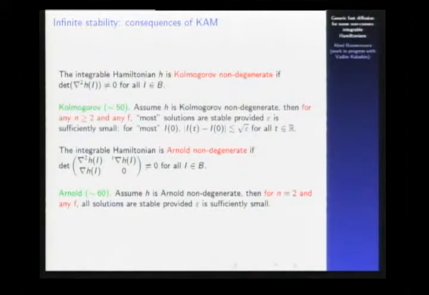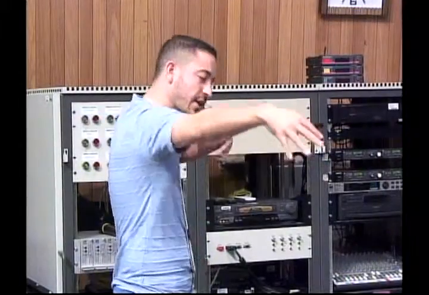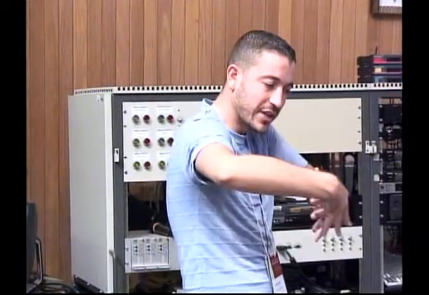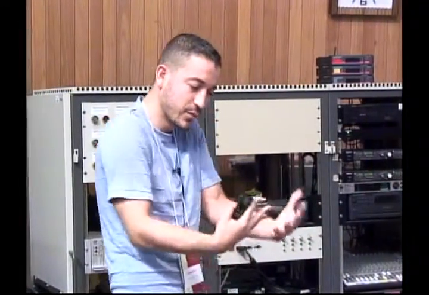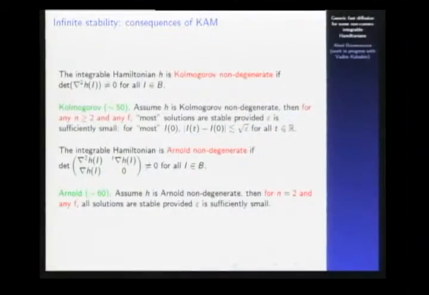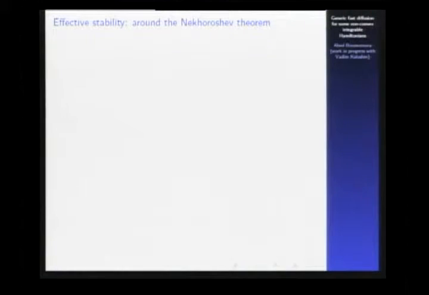Maybe not for all time, but for a very large interval of time, which means the solution can be unstable, but if it's unstable, it's after a very long time. So you need to be able to observe your solution for a very long time, which makes the problem more complicated, of course. I will call this effective stability. It's around the Nekhoroshev theorem.